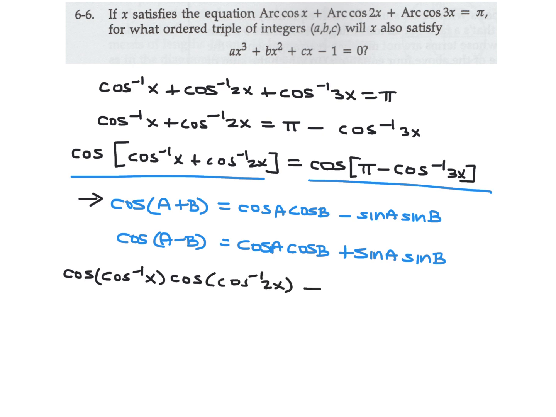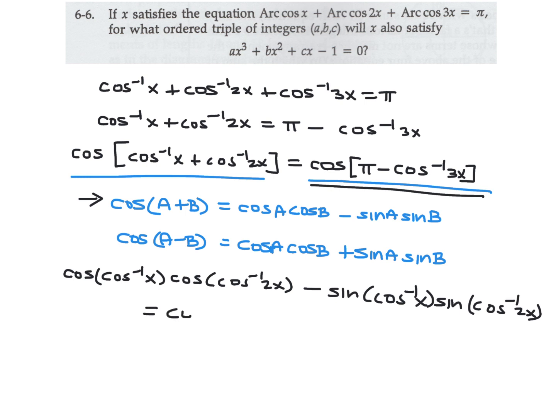And then minus the sine of arccos x, and then the sine of b, which is the sine of arccos 2x. Okay, then we have to do this side. So we're going to use that trig identity.